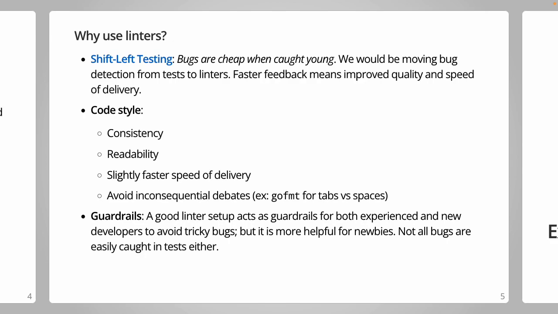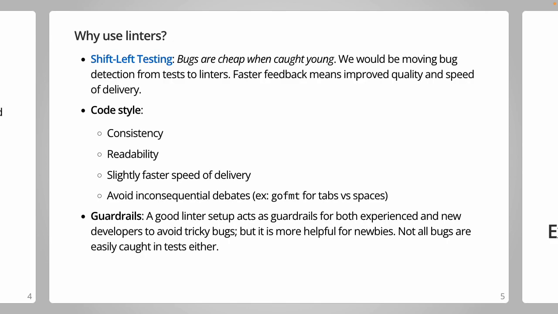Apart from that, linters can also act as guardrails. This is beneficial for both experienced as well as new developers. It's not really possible to remember hundreds of different things which you need to keep in mind while you're trying to implement some logic, even for an experienced developer. But it is that much more helpful for a new developer, who can discover all of these nuances around a language because the linter is helping point them in the right direction.